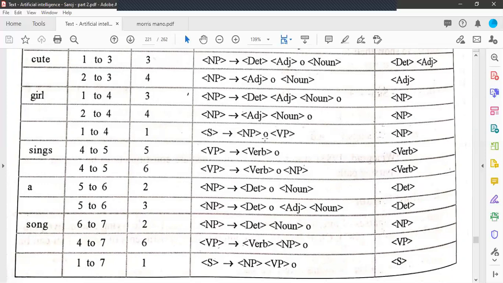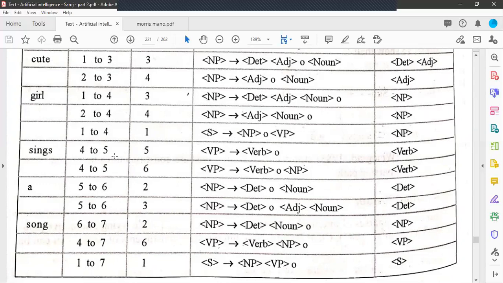Noun phrase has determiner, adjective, noun, and all the 3 tokens parsed belonged to determiner, adjective, and noun categories, and thus the noun phrase ends here. In a main sentence, noun phrase part is parsed. And next comes sings.